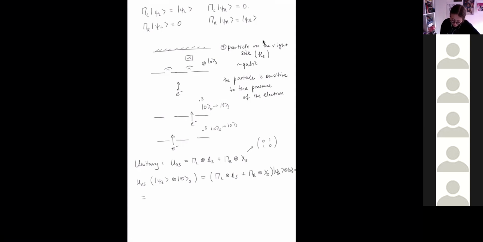Then we can open the sum, and what we get is PL psi alpha tensor product 0S, because it's just the identity acting on 0S, plus PR psi alpha tensor product XS 0S, and this will be just 1S, right? Because the bit flip changes 0 state to 1.